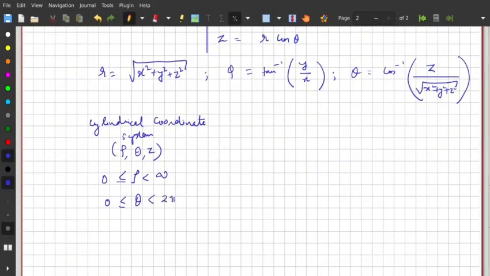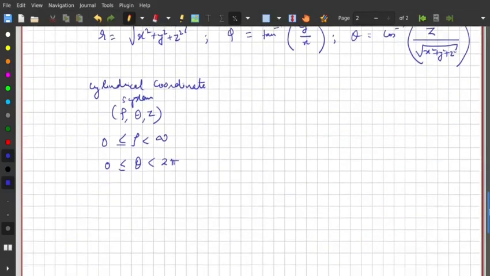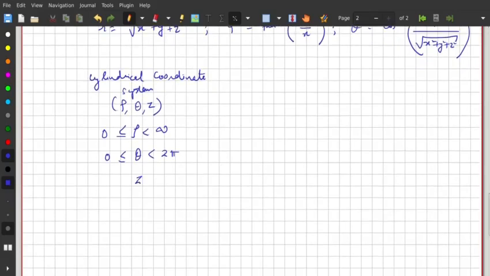So in that direction it is bounded, and z is unbounded again, from minus infinity to plus infinity.